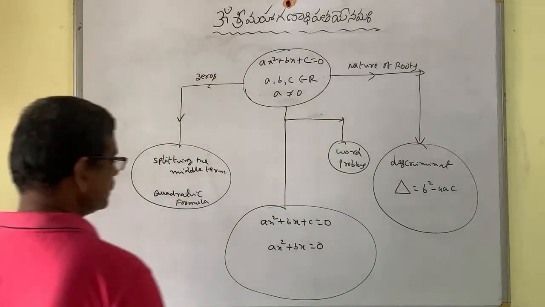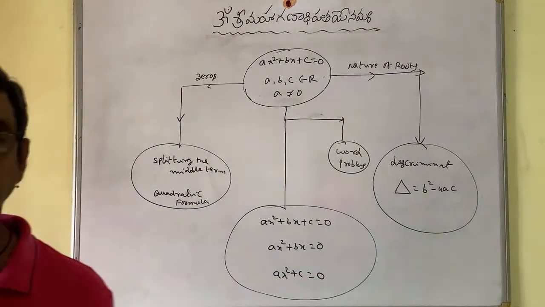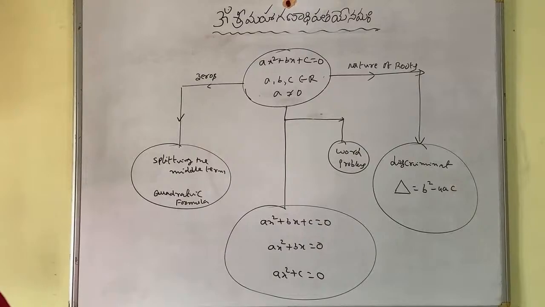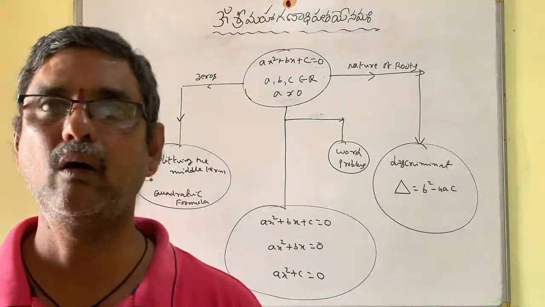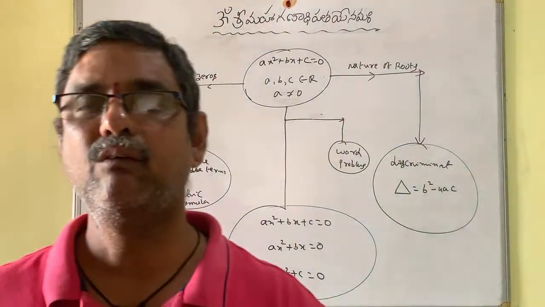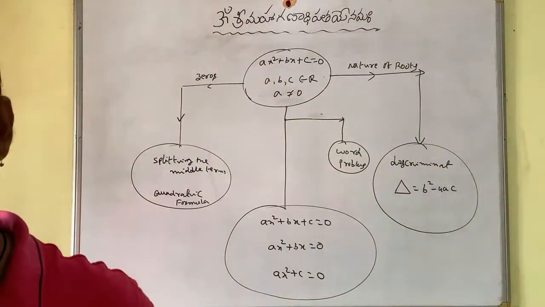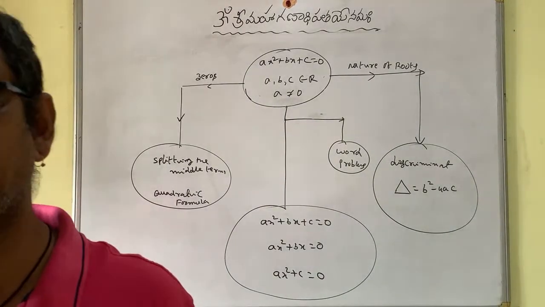And third one is ax square plus c is equal to 0. So in this chapter, you get a quadratic polynomial in either this form or this form or this form. So you have to be ready, whatever the form given to you, to find out the zeros of the given quadratic polynomial. Is that right, children? Is that okay?